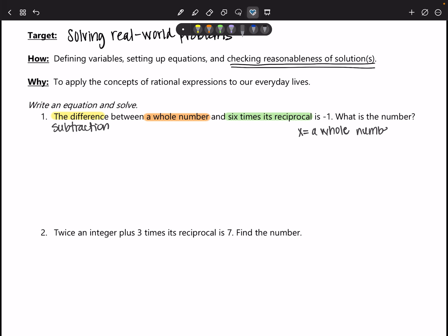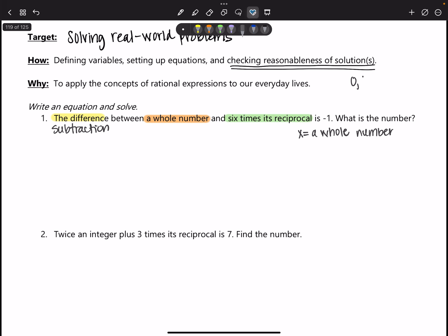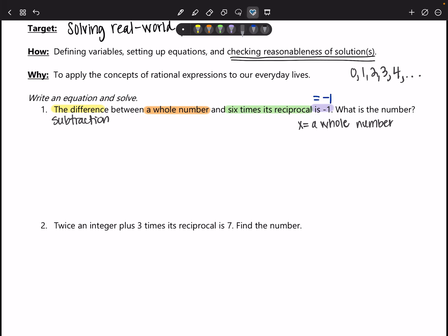Now a whole number is 0, 1, 2, 3, 4, dot, dot, dot. The result is -1, so that equals -1. So I've got subtraction happening between two things, a whole number and 6 times its reciprocal.